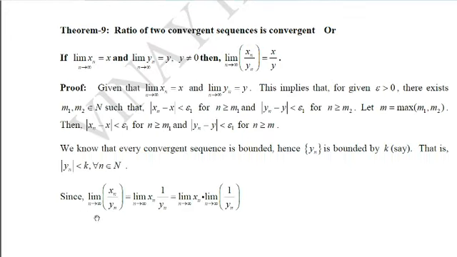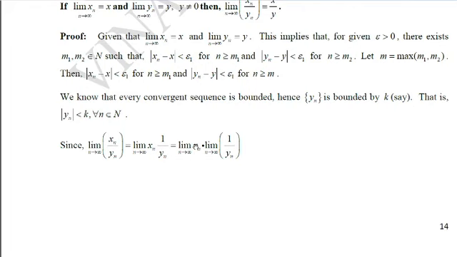But what do we have to show? We have to show that limit as n tends to infinity xn by yn is equal to x by y. This can be written as limit as n tends to infinity xn into 1 by yn, and we know that we can apply the limit separately, so this becomes limit of xn into limit of 1 by yn.